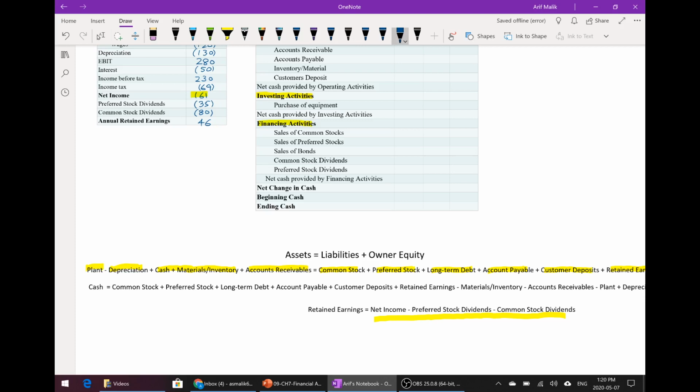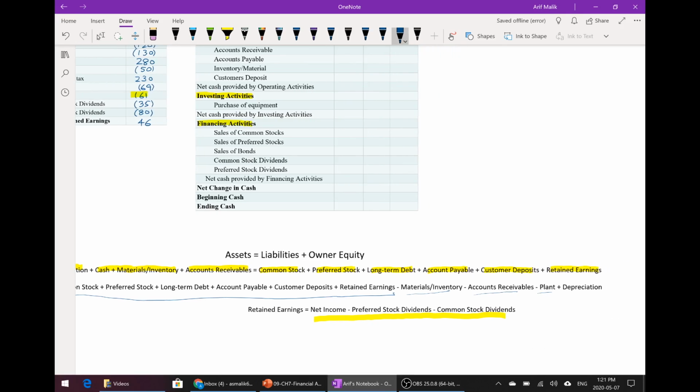Cash is equal to all the things on the right side, and then the things which were on the left side will go to the right side of the equation. The signs will change. So cash is equal to owner equity plus liabilities, which is the same up to here, and then material and inventory become negative when they go to the other side of the equation. Accounts receivable becomes negative, plant or equipment becomes negative, and depreciation becomes positive.